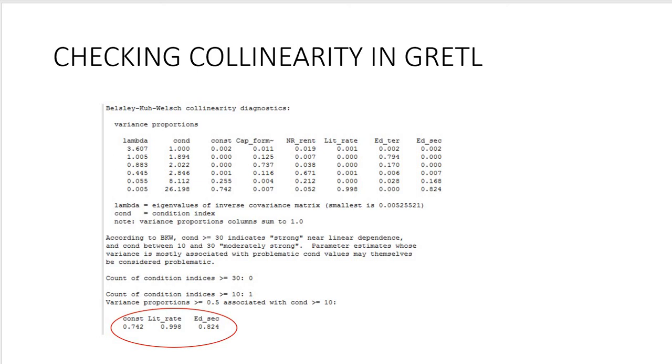And here at the end, you actually get the pairs of variables which are highly correlated. So in this case, you cannot include secondary rate and literacy rate to the same regression for sure, because you are really likely to end up with something close to exact collinearity.